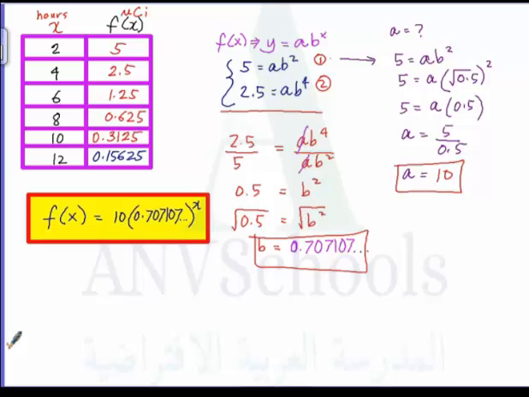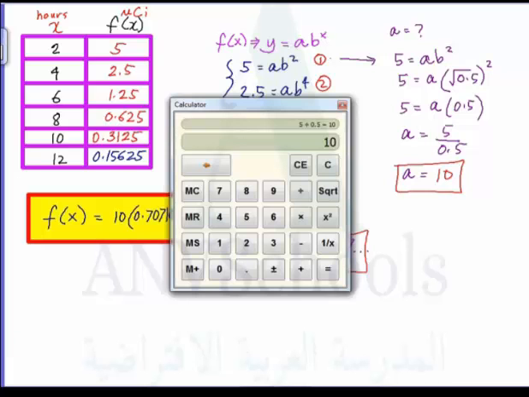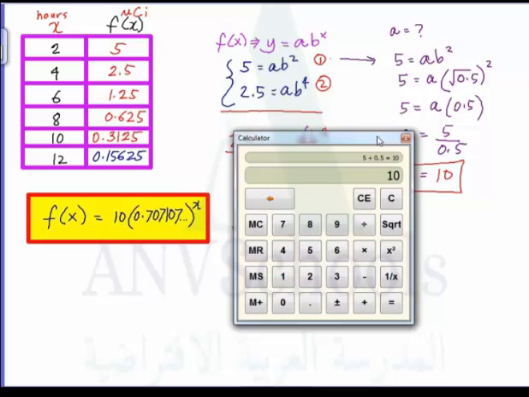If our x is equal to 2, then let us have a computation for when x is equal to 2. Using your scientific calculator, we will have 10 times 0.707107 raised to 2. That gives us 5.0000.